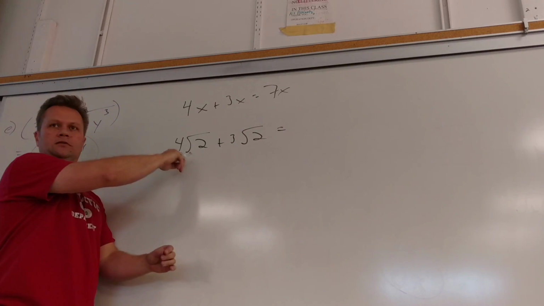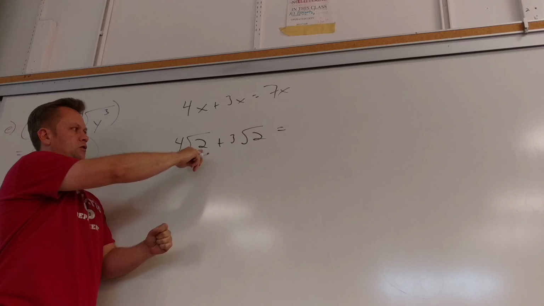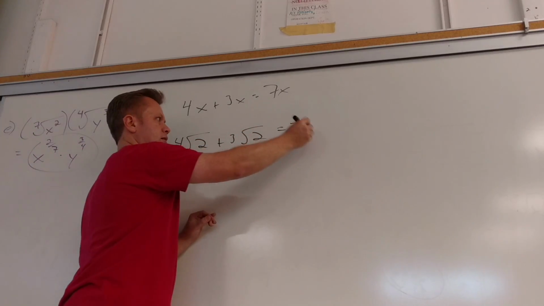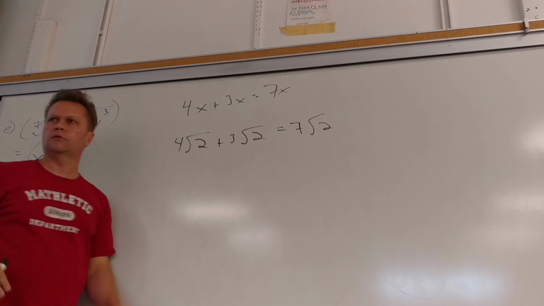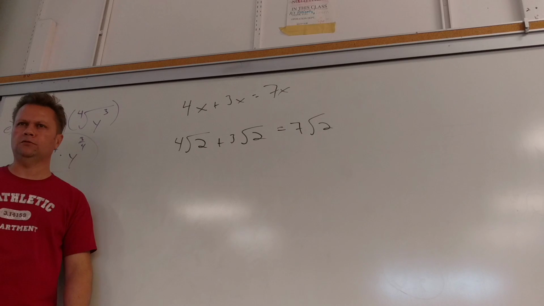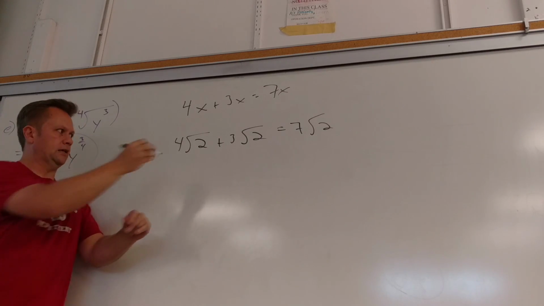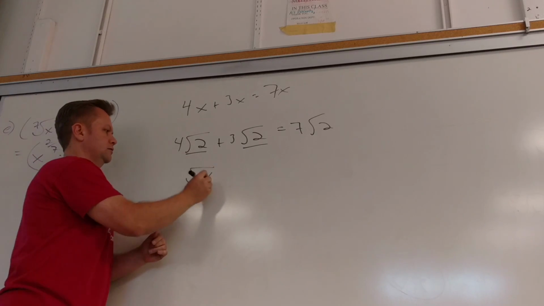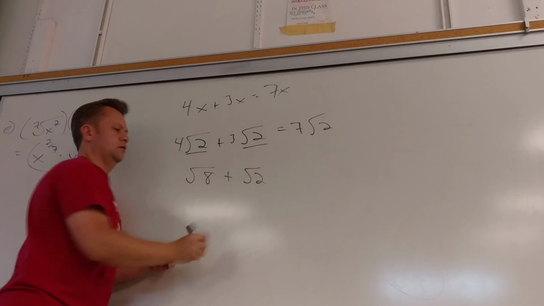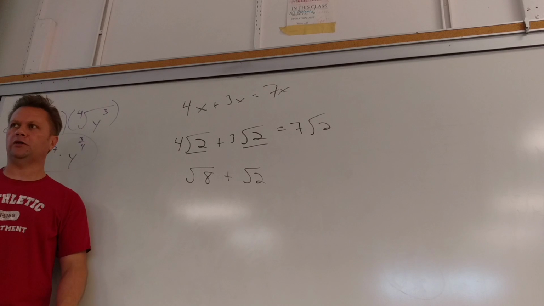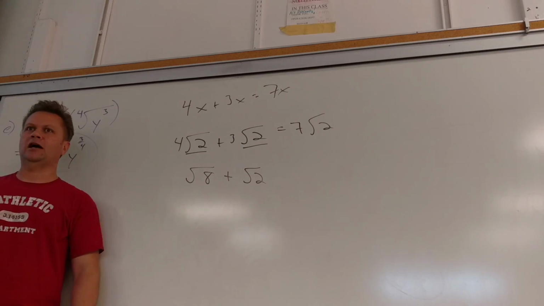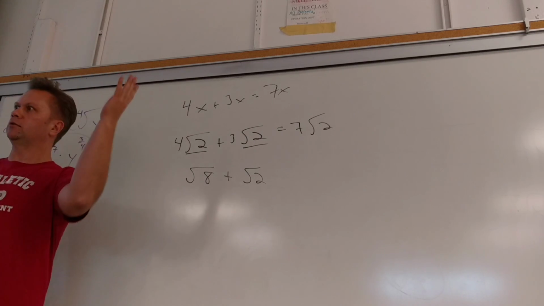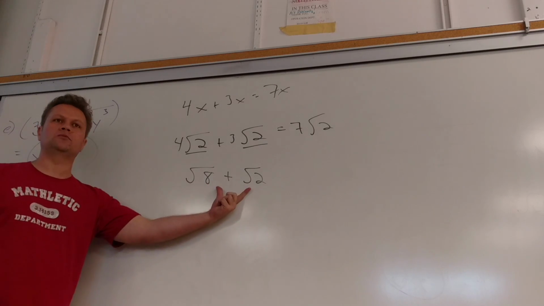Did you ask about coefficients? Yeah, 4 square root of 2's plus 3 square root of 2's is 7 square root of 2's. Yes, no? Yeah. Alright. Because these are like terms, right? So what about this? That is so desperately not square root of 10. I don't see any square root of 10s. How did you make them? You can't do that. Are these like terms?